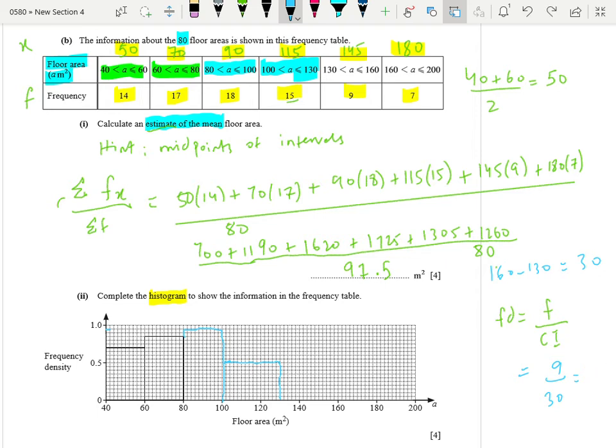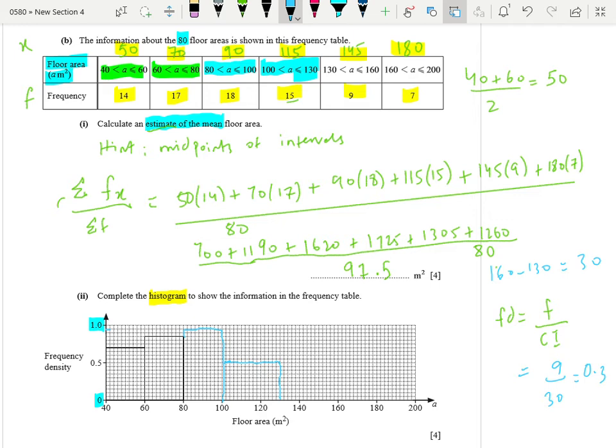Sorry about that. 0.3. Right. So 0.3 is in the range, and you can also automatically double check if you are getting something of frequency density out of this range of 0 and 1.0. That is a mistake on your part, obviously. So that is a hint from the examiner. So 0.3 would be right here.